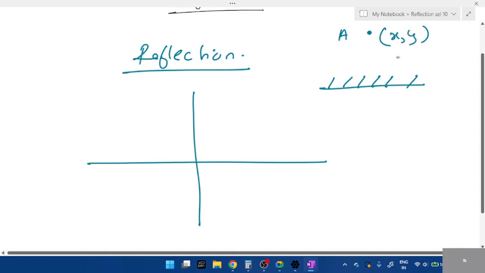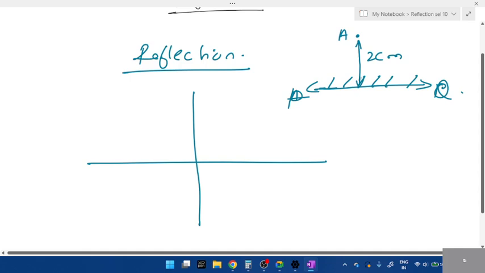So in your textbook or when I'm explaining, I won't keep writing x and y. I'll just mention it as point A. So you have to understand that it is on the axis. So a point A, this is A and B. Line, let me take line PQ. So from P and Q, the point A is 2 centimeters away.